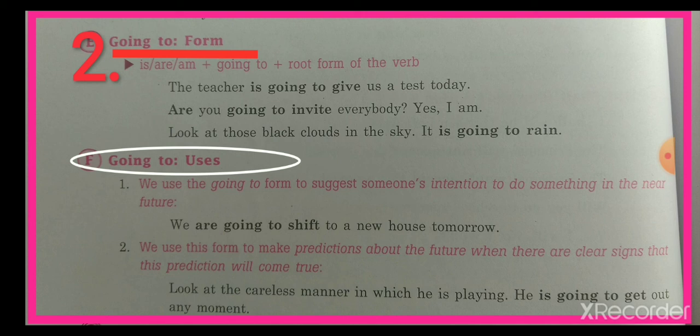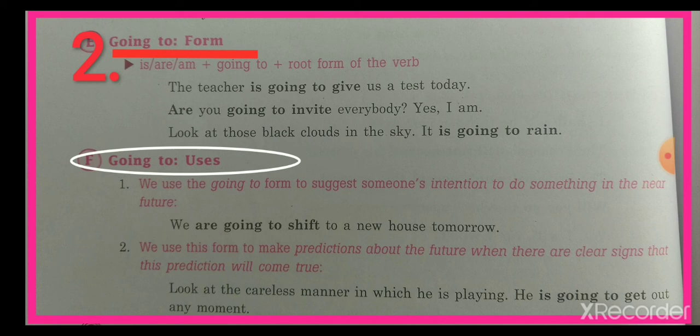If you have the sign that the prediction you are going to make is about to be accomplished, then you will use going to form. Like, look at the careless manner in which he is playing. He is going to get out any moment. So here after looking at the signs, you are using going to form to make a prediction.